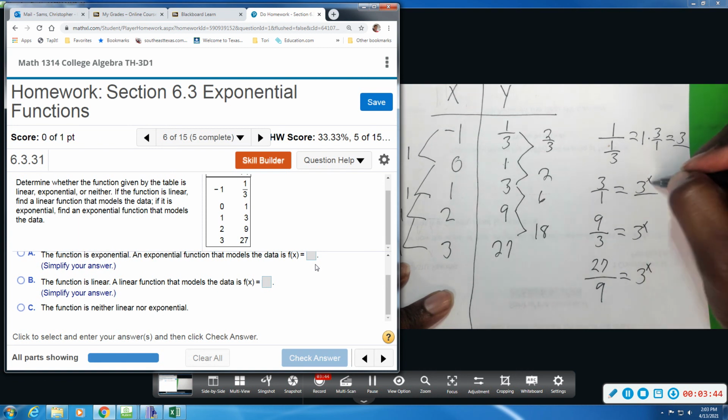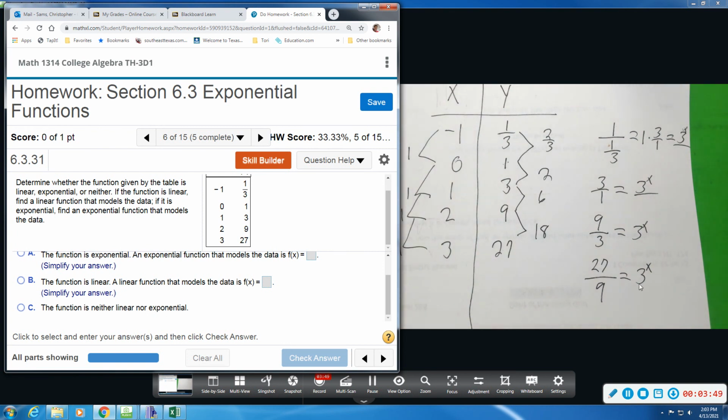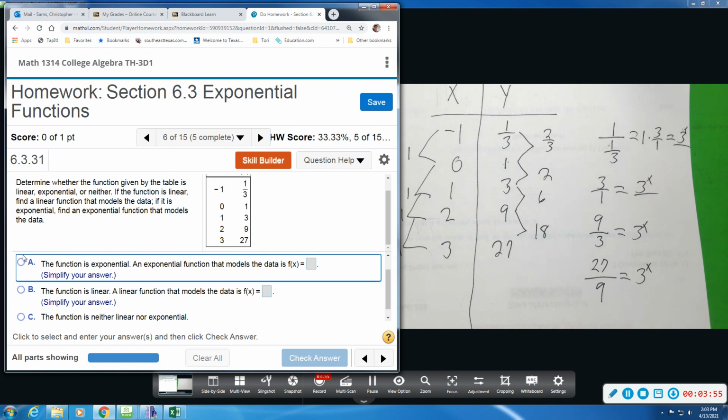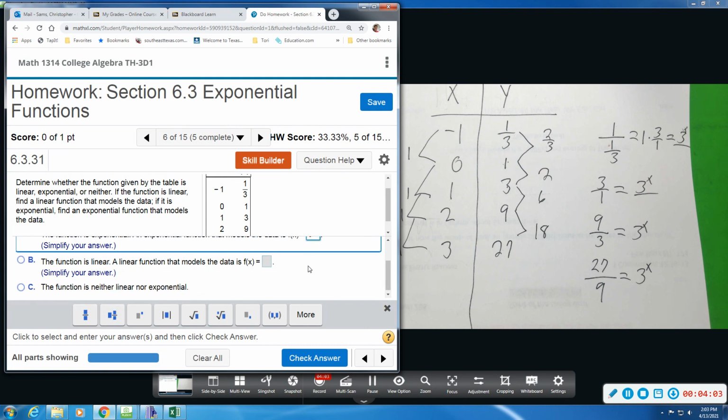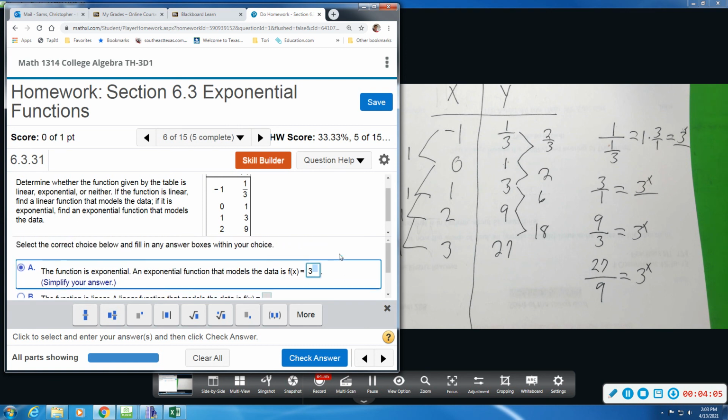Okay, just on the basic form. So whatever you get as that constant ratio, that's what your base is when exponential. So this function is exponential, modeled after 3 raised to the x power.